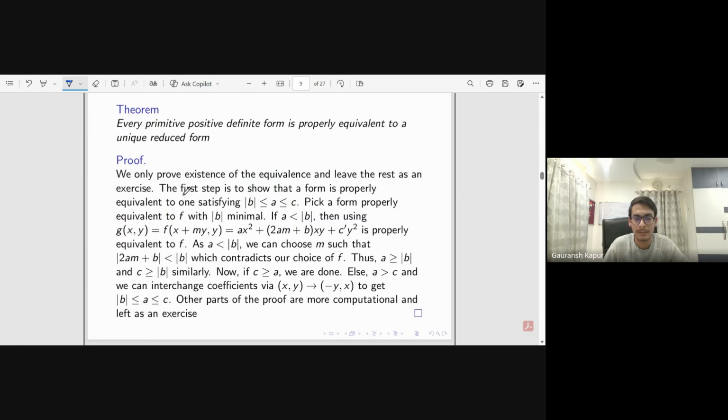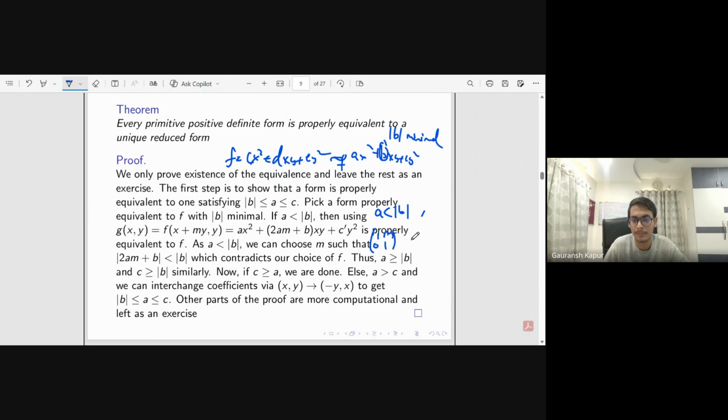So the first step is to show that such a form is properly equivalent to one satisfying this. You pick a form properly equivalent to f with |b| minimal. So if your f is ax² + bxy + cy², we take a form a'x² + b'xy + c'y² which is properly equivalent to this, and the middle coefficient should be of minimum possible absolute value. From here, if a is less than |b|, then we transform f using the matrix (1 m; 0 1).